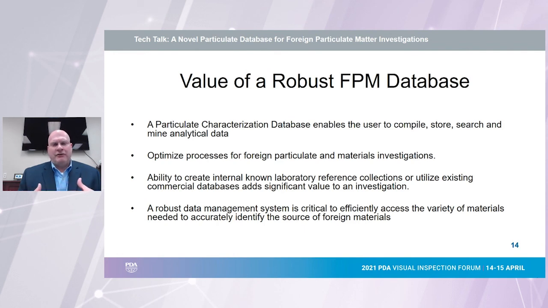And these add significant value to nonconformance investigations. And lastly, a robust data management system is critical to access the variety of materials and information that we need to be able to accurately identify the sources of foreign materials.